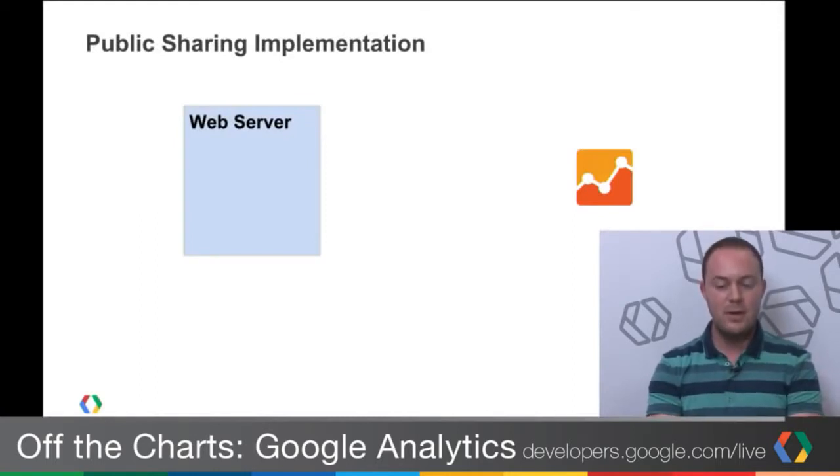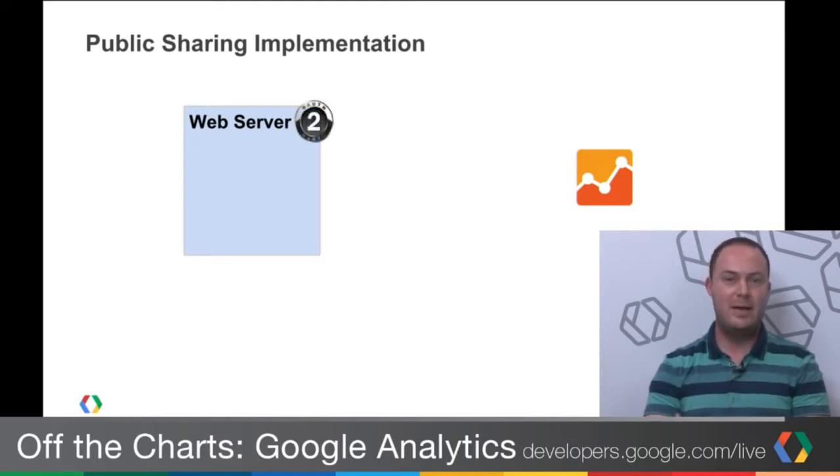So with any website, you have a web page at the minimum, obviously, and that's usually served from a web server, some server. To do this implementation for making data public, there are a few steps you'd have to go through to accomplish this. The first thing is obviously we have to get past this complex issue of authentication, right?